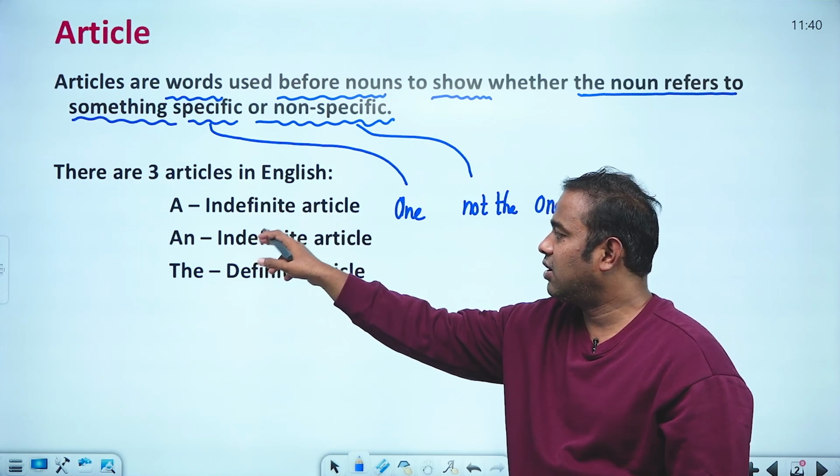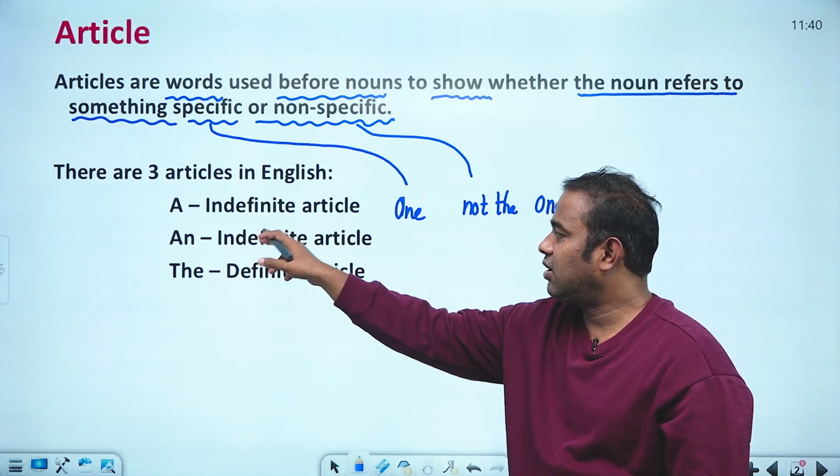Definite article means if there is only one and only one of a kind, then we call it a definite article. If it is one among many, where we are talking about a specific thing from there but we know that there are so many, then we call it one in many. In the previous class I used one in number, meaning there are so many numbers.